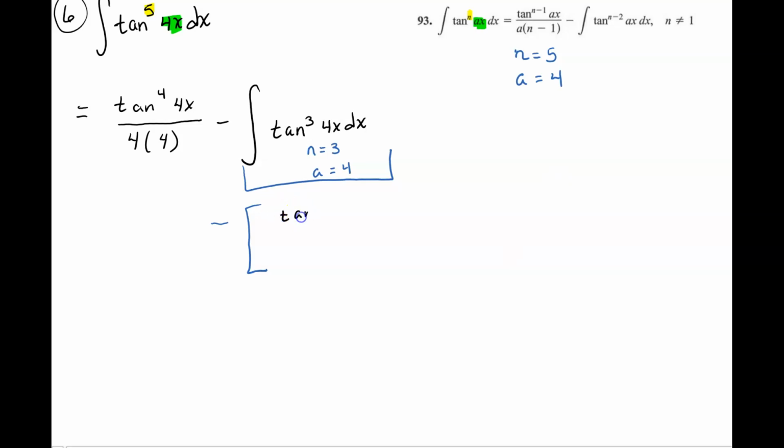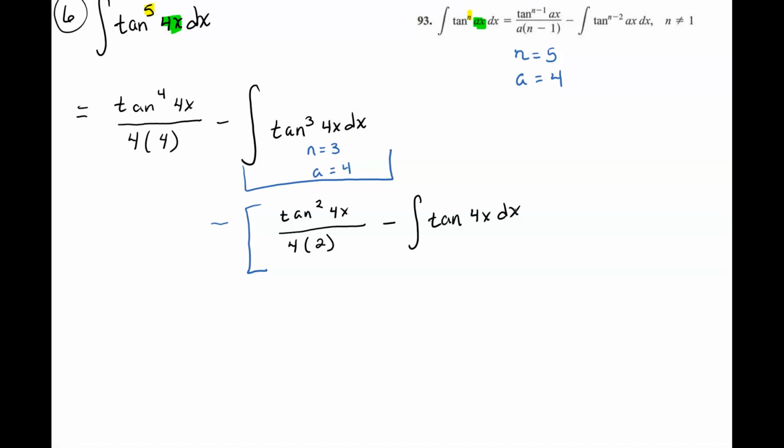We're going to have a tangent, and then 3 minus 1, which is 2, so tangent squared of ax, so 4x, over a, which in our case is 4, times n minus 1, 3 minus 1 is 2, minus, and then the integral of tangent, and it's n minus 2, so 3 minus 2, which is 1, so just a regular tangent of ax, which in this case is still 4x dx. And now we've reduced this to something a little bit easier.